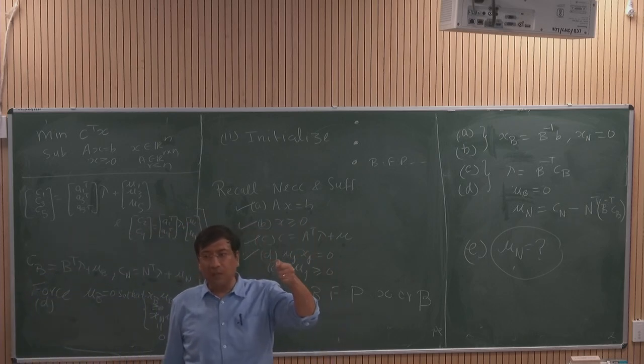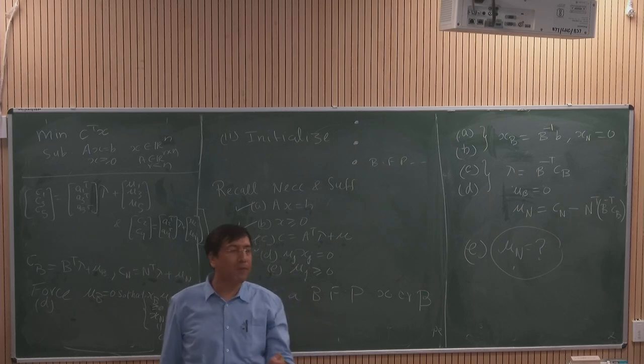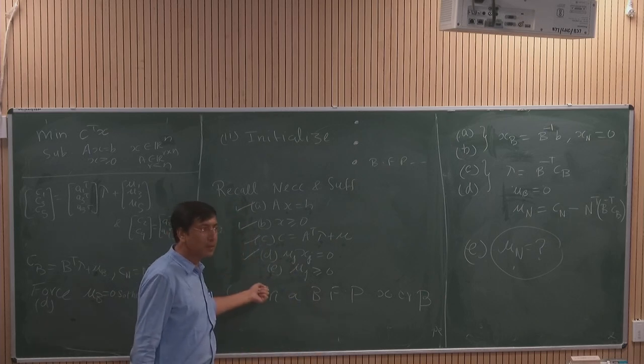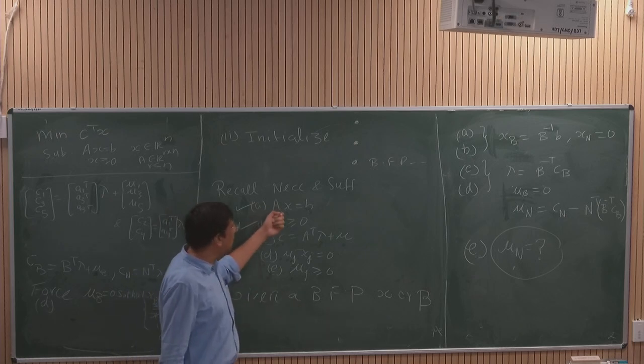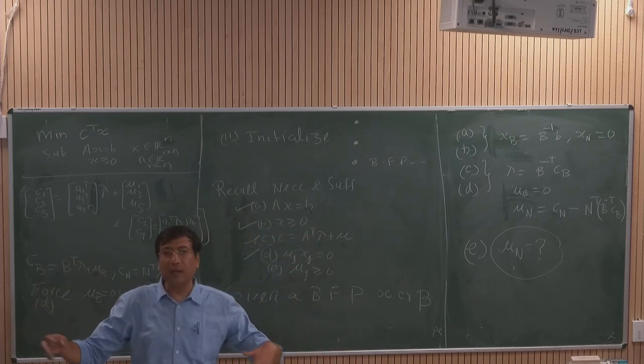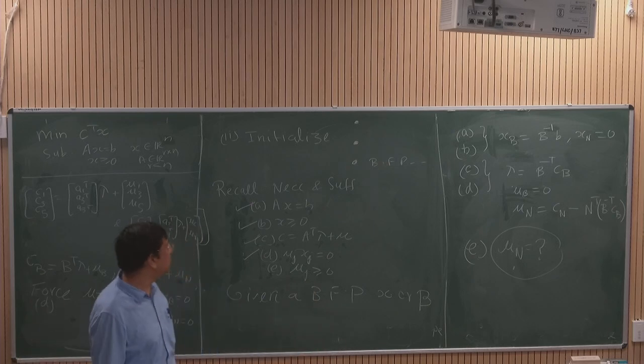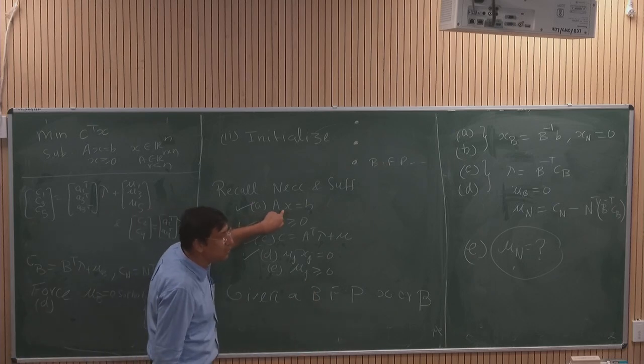Now we have to check whether this vertex is a minima or not a minima. To do that, we'll have to satisfy the 5 things. So what we did, we split the x, c and mu into b and n components because those were containing n items. Once we did that, we started satisfying Ax equal to b.